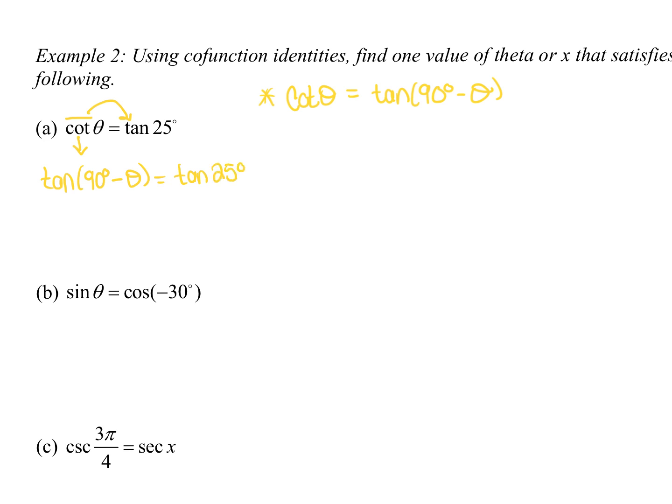And now, the only way for tangent of something to equal tangent of something else is if the two green underlined pieces equal each other. So that means 90 degrees minus theta has to equal 25 degrees. Add the theta over, subtract the 25 the other way. Subtract the 25.